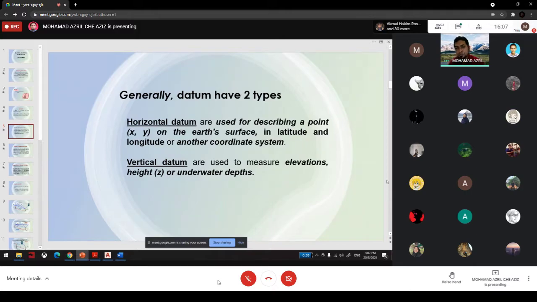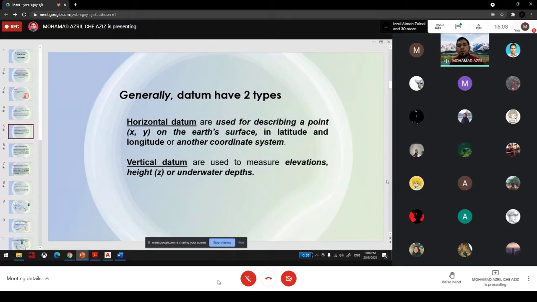So meaning horizontal datum only covers position. How about the heighting? Heighting is covered under vertical datum. Vertical datum is used to measure elevation, height, or underwater depth.